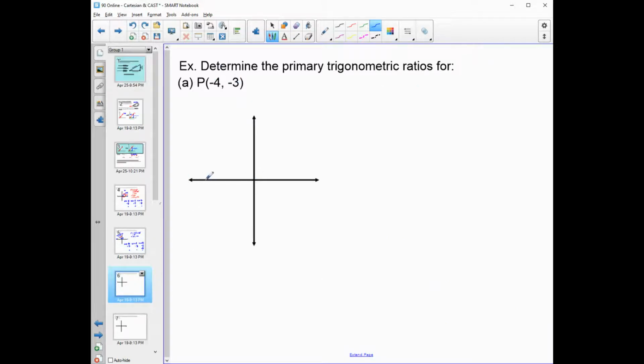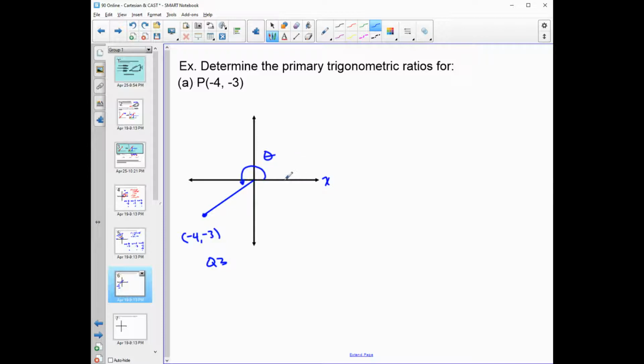-4, -3 is a point that's there. We are now in quadrant 3. Once again, I will draw my terminal arm. I'm still going to be referring to the positive x-axis. This is an angle in standard position, which means I measure it counterclockwise.